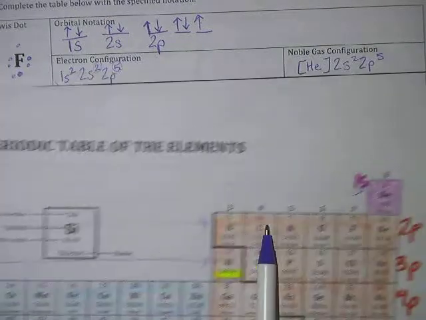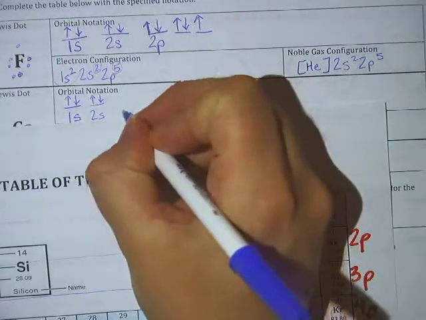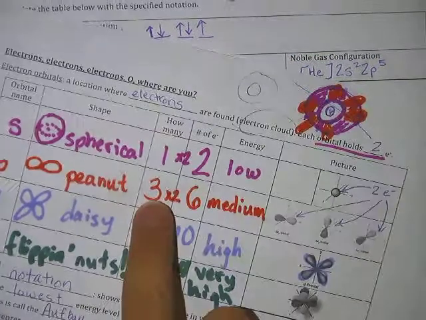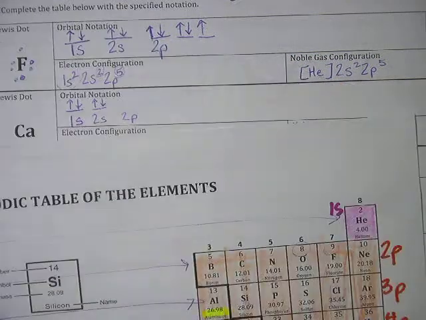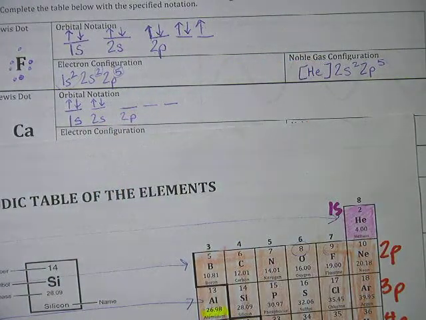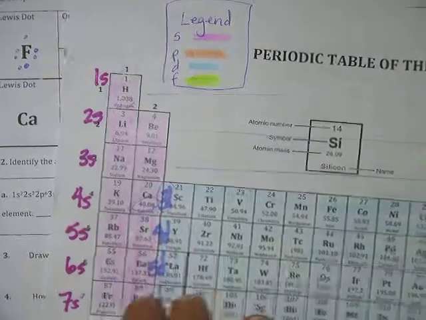After 2s, I come across to this section, which is 2p. So I'm going to write 2p. P's, again, get 3 blanks. So I'm going to draw 1, 2, 3. And calcium, by the way, we need 20 electrons.